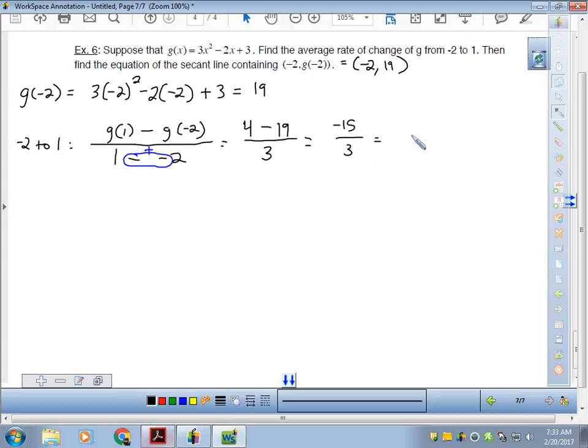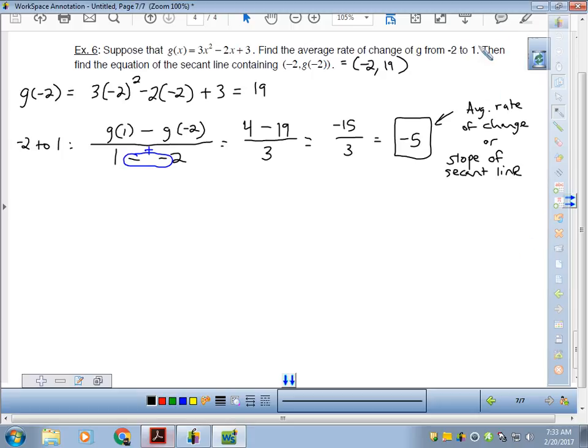Negative 15 divided by 3 gives us negative 5. So this is the average rate of change. But remember, it's also the slope of the secant line. That's part of our definition.